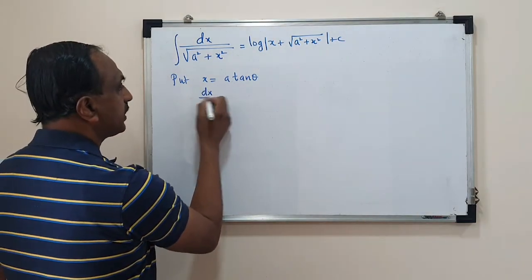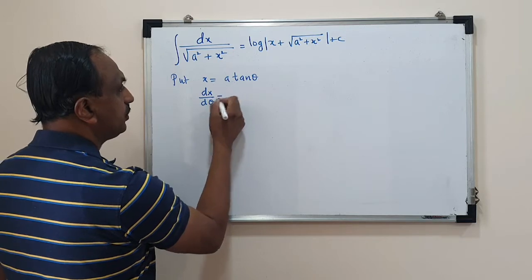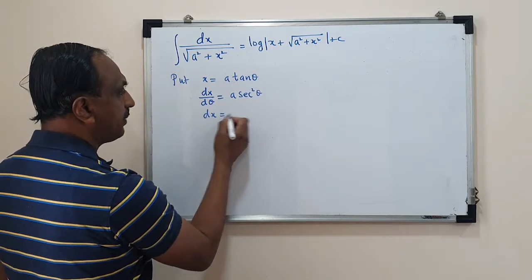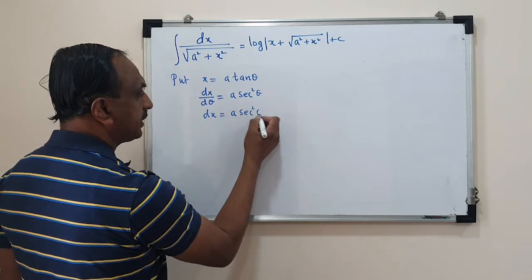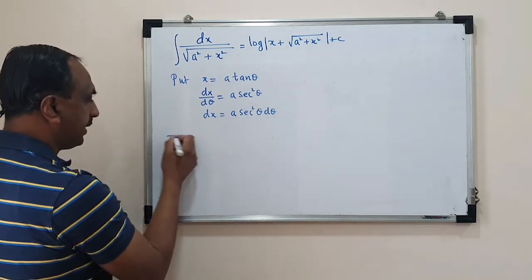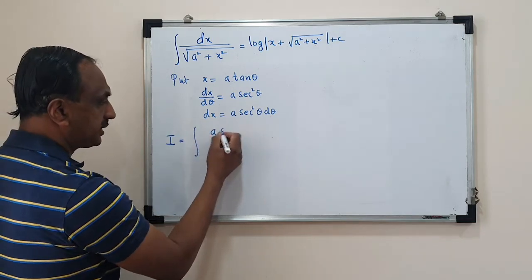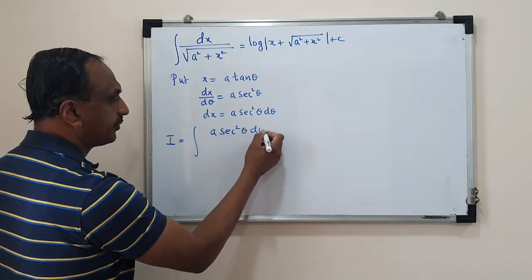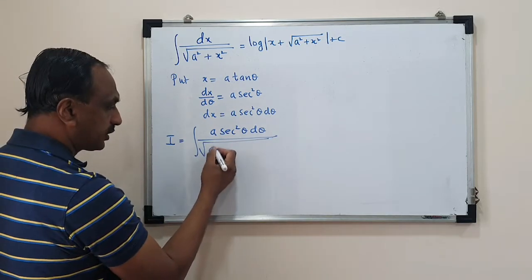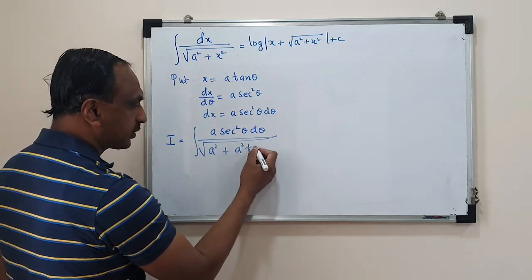So dx by d theta is equal to a sec square theta. So in place of dx, I will replace a sec square theta d theta. So my left hand side integral became a sec square theta d theta divided by root of a square plus a square tan square theta.